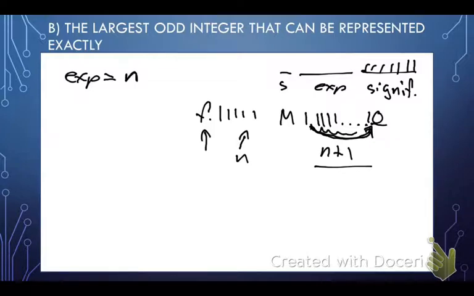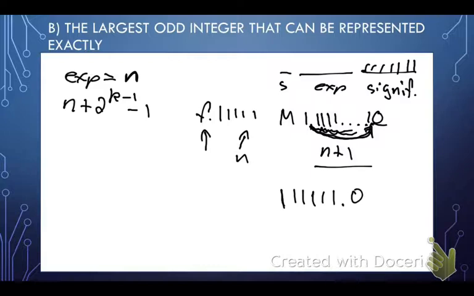So our exponent needs to be n, ultimately, because we want to shift this binary point n positions so that we'll end up with all these ones we've stored up with the dot there and have this large odd integer. Okay, so the exponent n, how do we get that? Well, we're going to need to add the bias to it. We know the bias is 2 to the k minus 1 minus 1. So that's going to be the exponent portion.